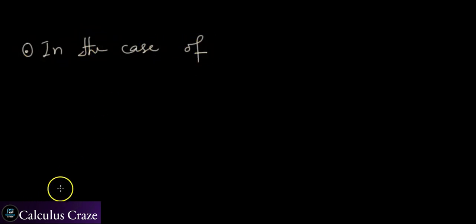So in the case of a simple closed curve, the positive direction is along the counterclockwise, whereas the negative is going to be along the clockwise.